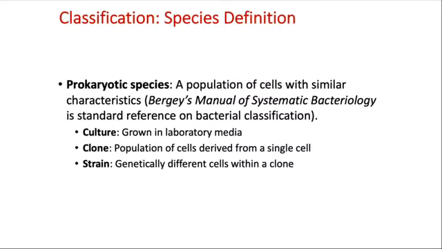And so under prokaryotic species, we have culture, that is organisms that are grown on a media in the laboratory. You have clones, a population of cells that originate from a single cell, so the copies of the same cell, and those are clones. Then you have strains. So these are cells within a clone that genetically are different from each other.